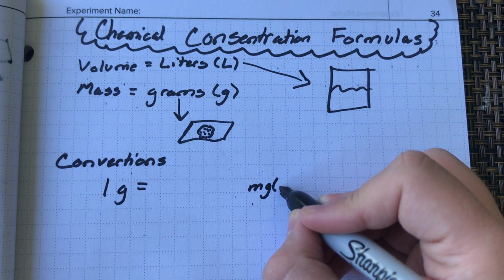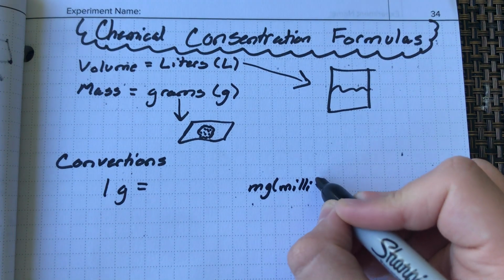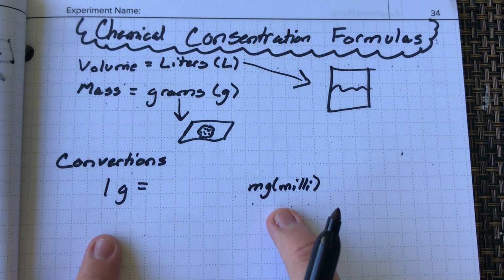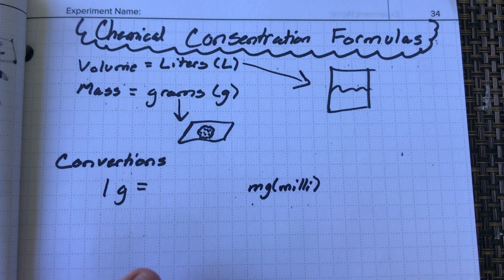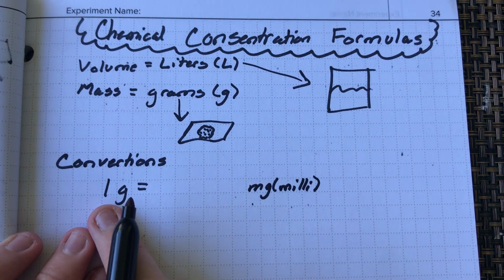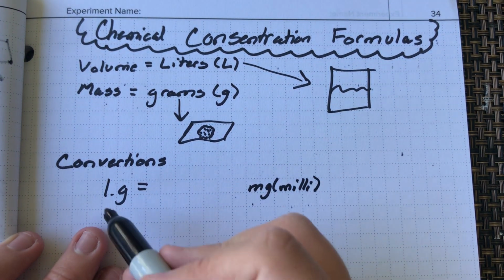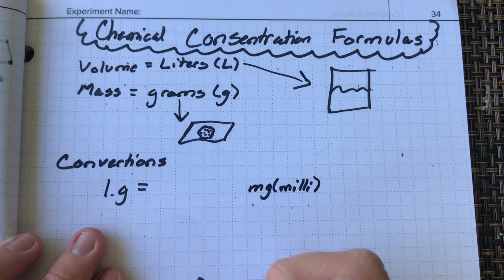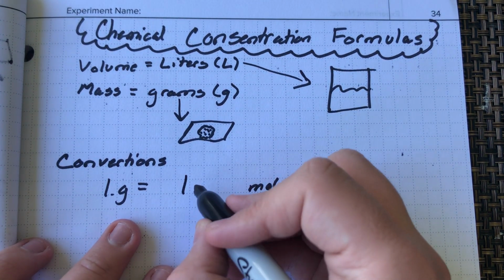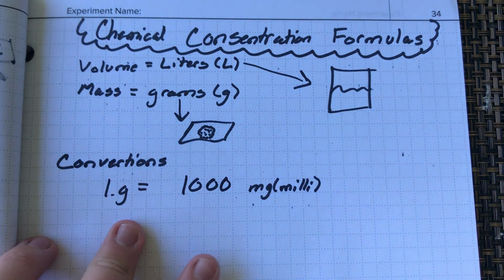We're going to write that next to it. How would we get from 1 gram to a milligram, you might be asking? It's very simple. You're going to take your decimal point, where 1 is, and you're going to put it 3 to the right, which means that 1 gram is equal to 1,000 milligrams.